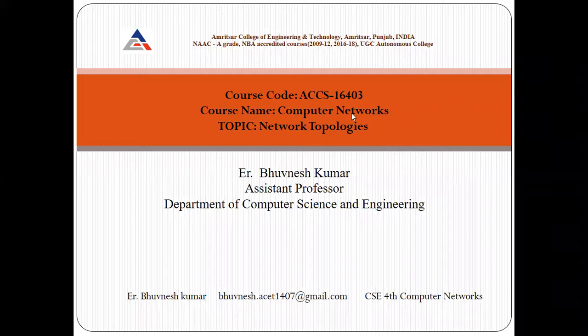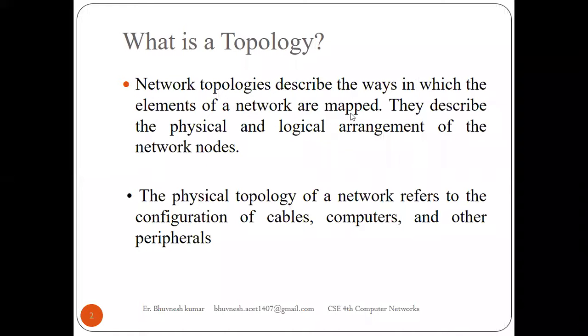First of all, what is topology? A network topology describes the way in which the elements of a network are mapped. The simple definition is that network topology is the way in which your elements of network are mapped, and elements are your computer system, your mobile phone, your printer.